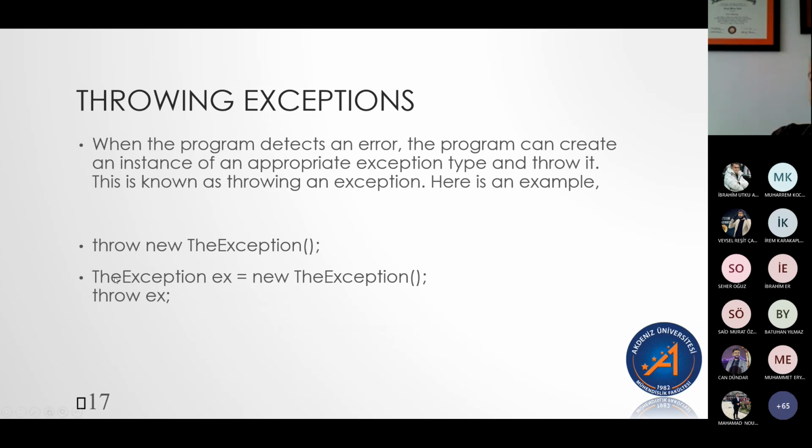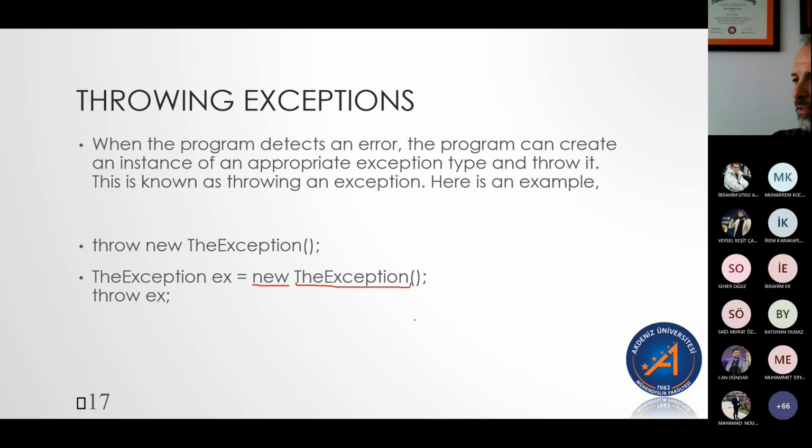Now, whatever exception it is that you are generating, notice the new keyword, right? That's because exceptions in Java are a class type. Therefore, when they are encountered, they are an object.